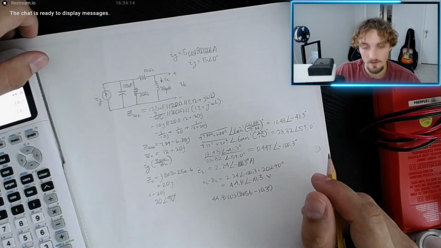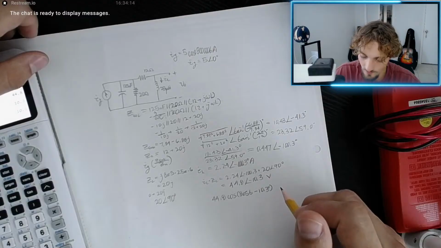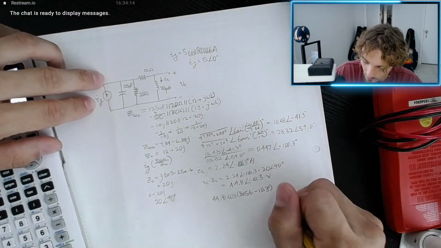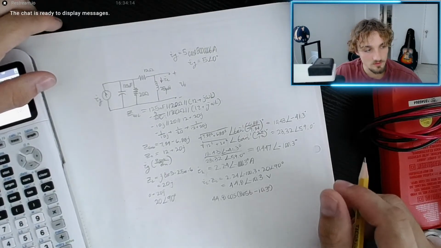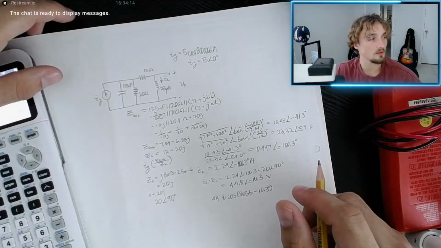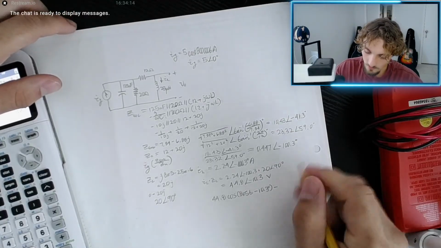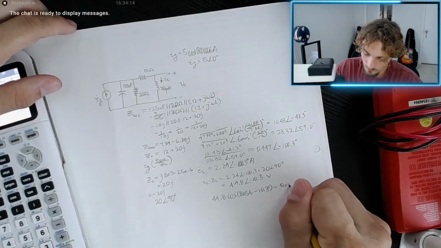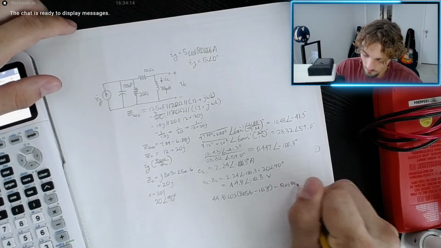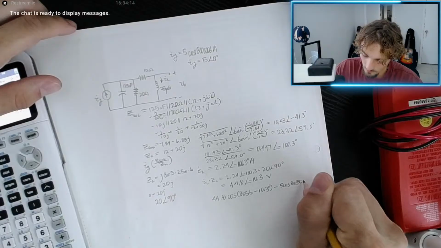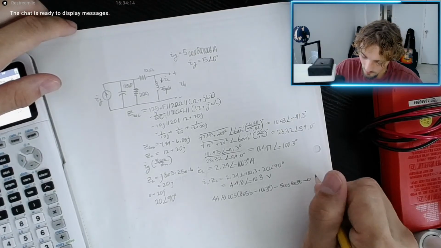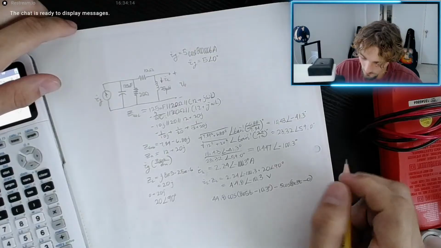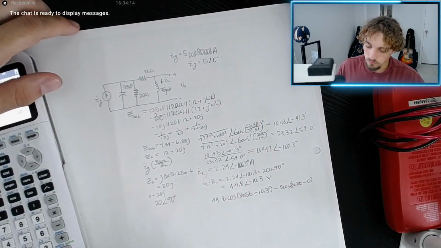Does V out lag IG, and then IG would be some. Does it lag? Surely that'd be a subtraction, no? Right, that'd be a subtraction. Minus 5 cosine 8E5 t minus 0.